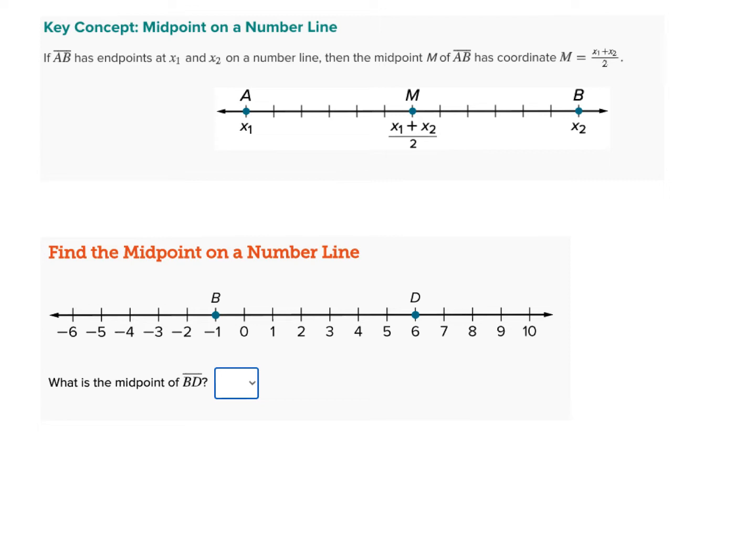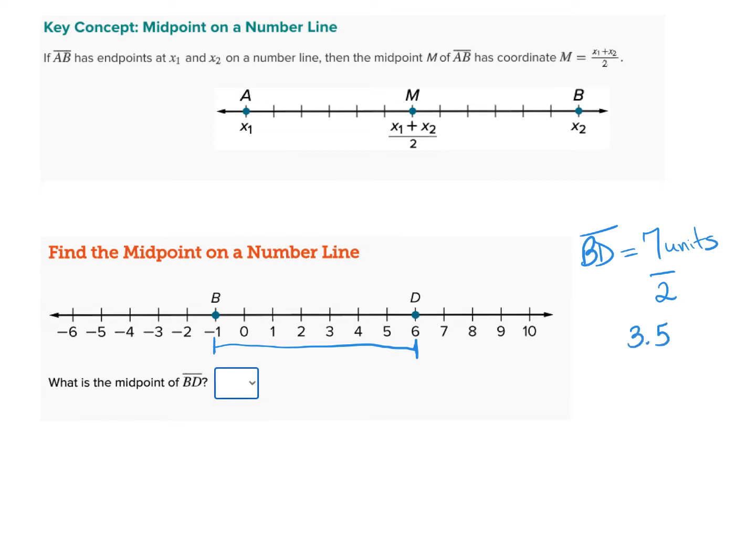So BD goes from -1 to -6. Okay, so that is a total length of 7 units. Now to get the midpoint, we would divide that in half, because we want 2 equal congruent pieces. So that's going to give me 3.5.